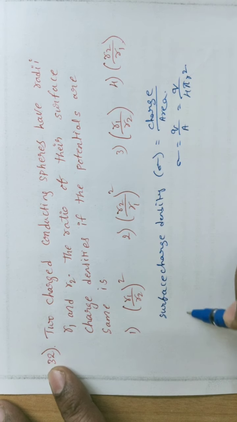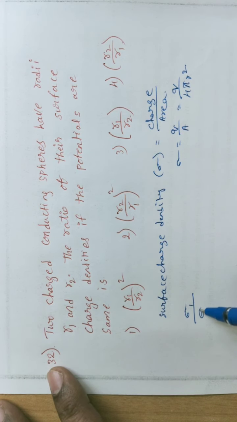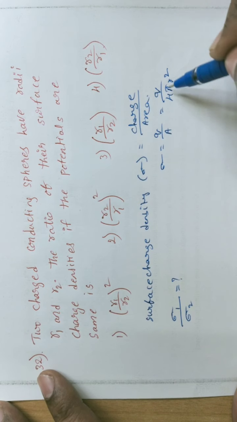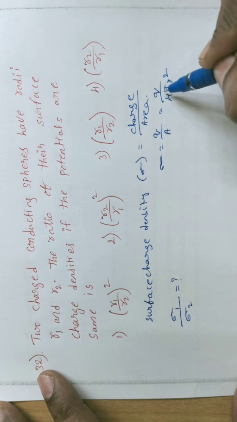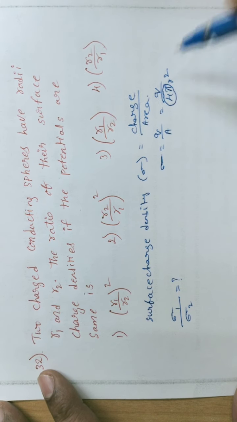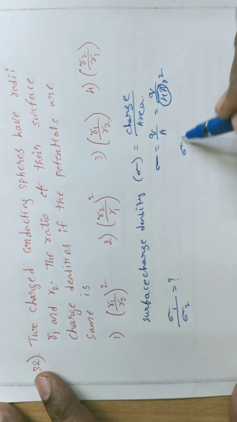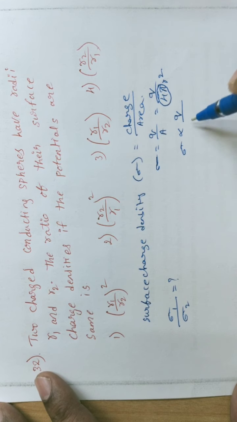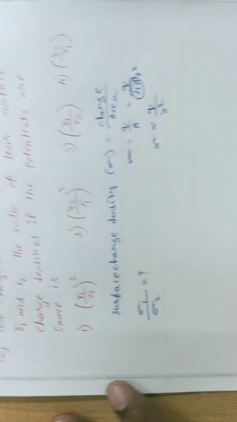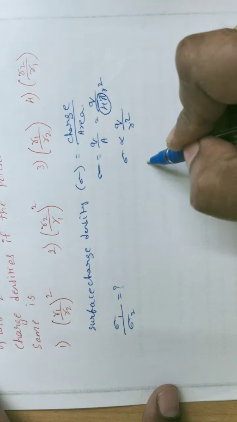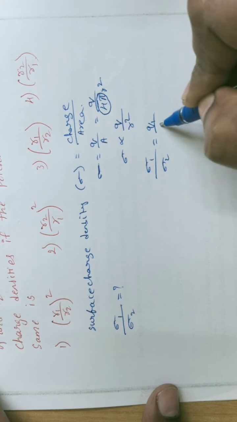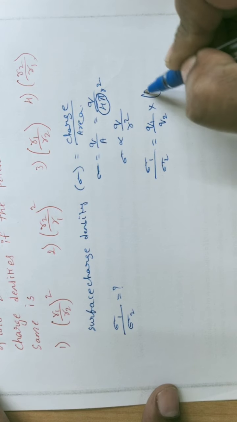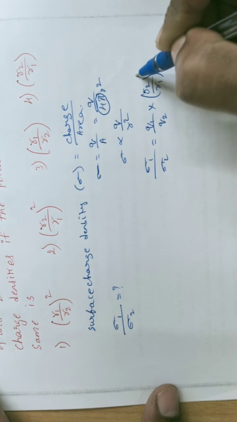So the question expects sigma 1 divided by sigma 2. From this equation, how sigma and q are related: here 4 pi is constant, so sigma is proportional to q divided by r square. So we can represent sigma 1 by sigma 2 is equal to q1 by q2 into r2 divided by r1 whole square.